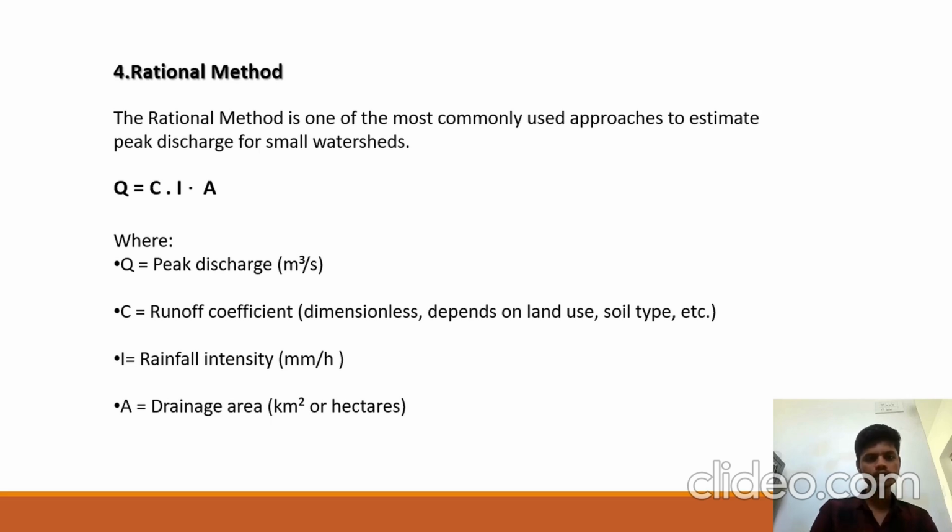The formula for this is Q is equal to C into I into A, where Q is the peak discharge in meter cube per second, C is the runoff coefficient, which is dimensionless, I is the rainfall intensity in mm per hour, and A is the drainage area in kilometers square or hectares.